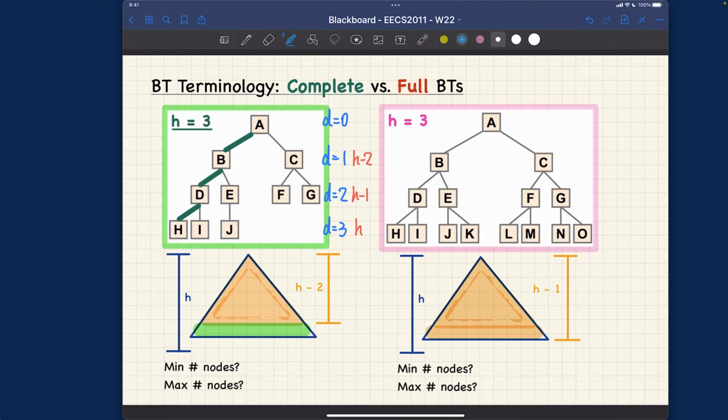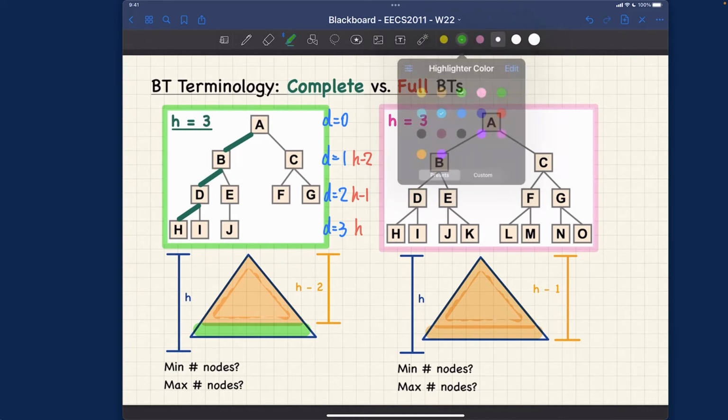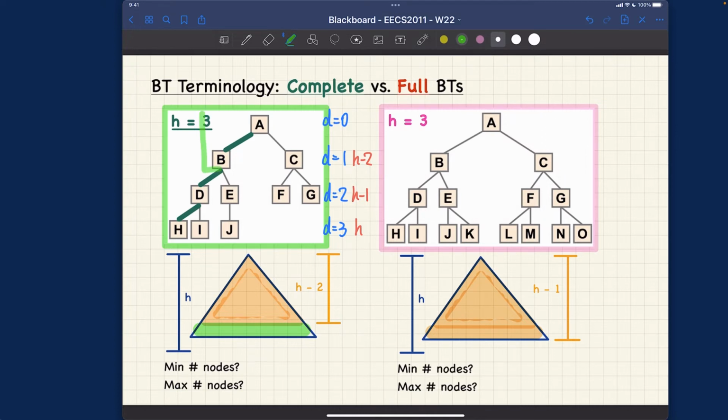So this part is all the nodes in our example tree with depth less than or equal to h-2. All the nodes have exactly 2 children. You can see A here has 2 children, B has 2 children, and C also has 2 children. So we are satisfying criteria number 1.